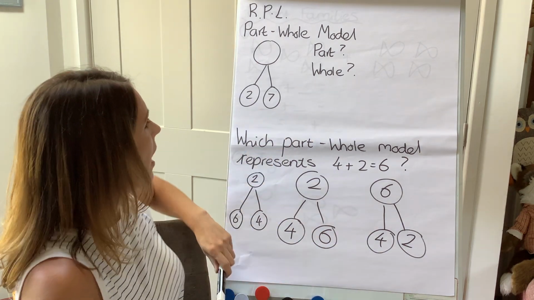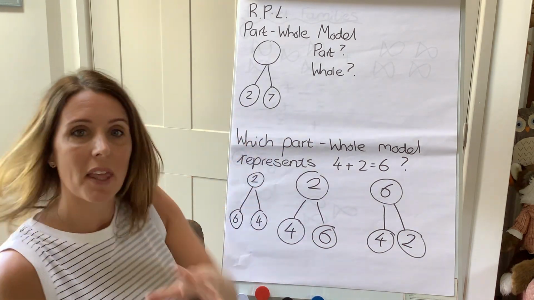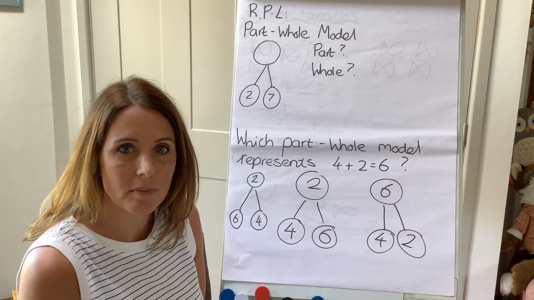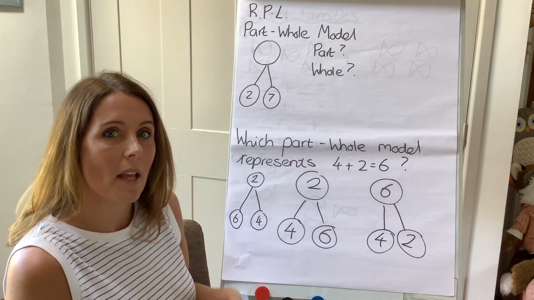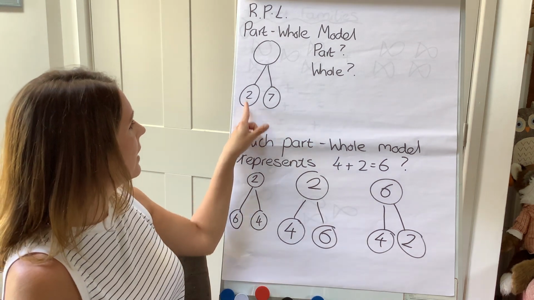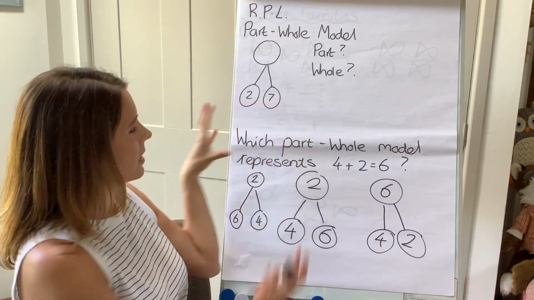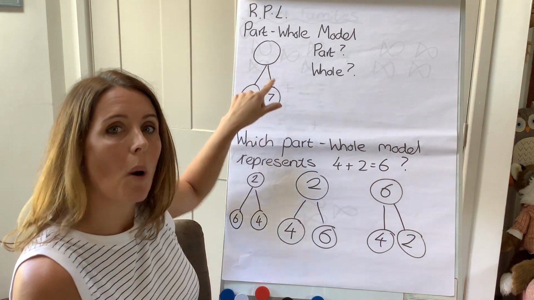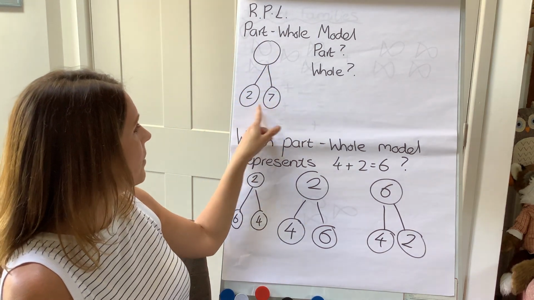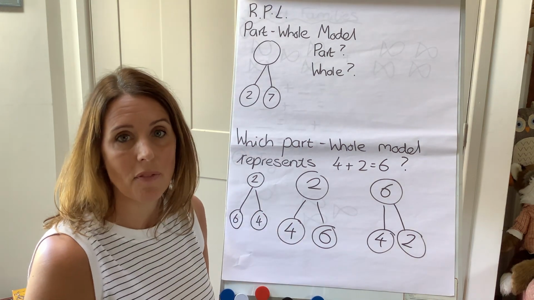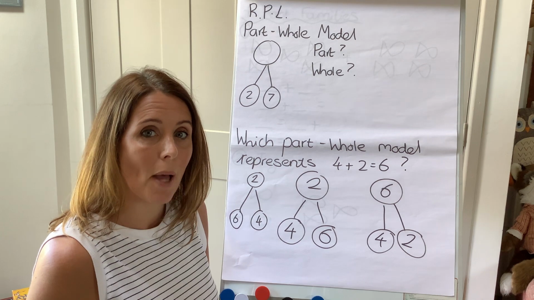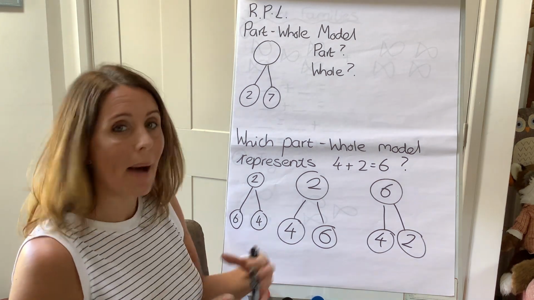So which is the part? Well, the part, have a think about that for a moment. Which is the part? Okay, so I'm hoping you thought that the part is the 2 and the 7. They're the parts that combine together to make the whole. So here we have the whole one. So when we combine the 2 and the 7, when we add those two together, what whole number do we make together when we combine those together?